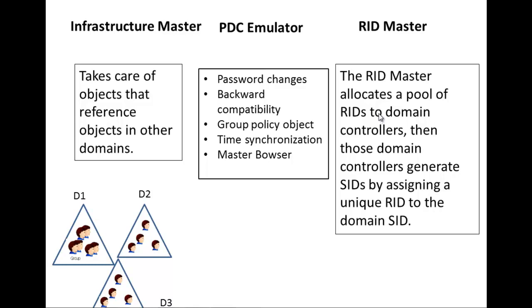The domain controller then is able to give out an ID to the user. So each user must have a unique ID. The user's ID will comprise the ID for the domain, the relative ID, and then the security ID for the user. Remember that the security ID of every security principal, every user, must be unique.